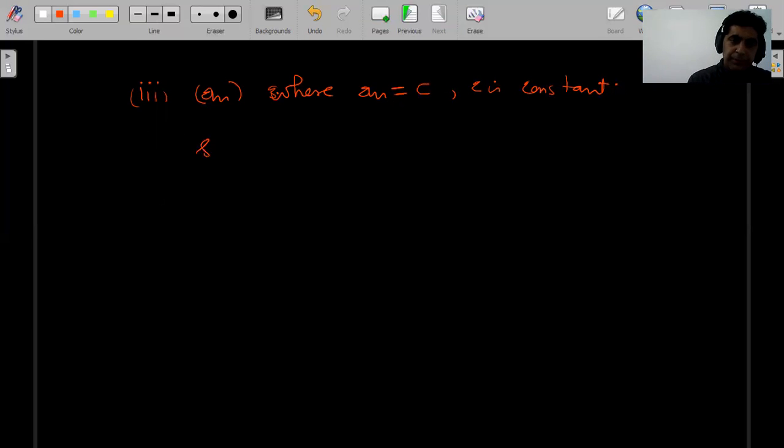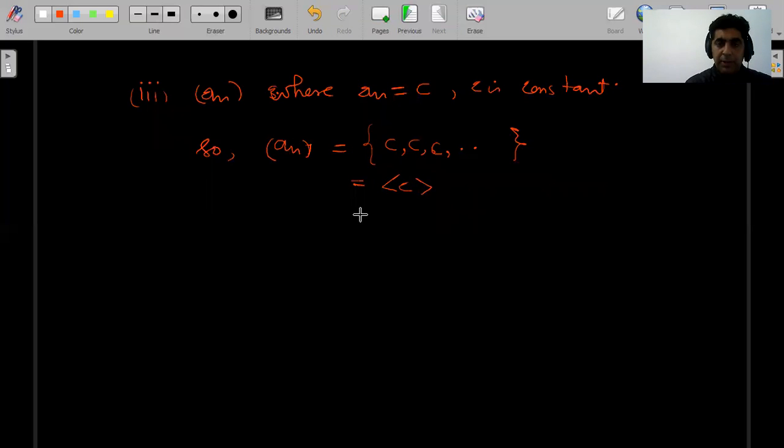So an can be written as c, c, c. So these are all terms. This is the first term, this is the second term, this is the third term. All terms are the same. We can also write it this way.